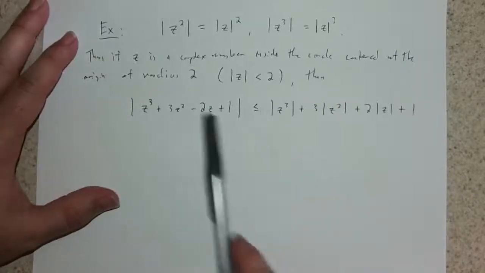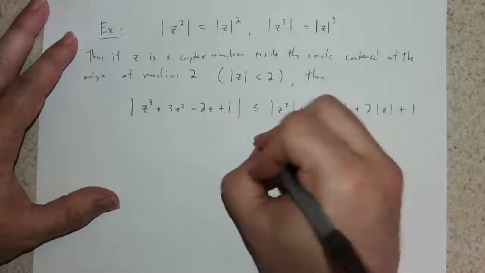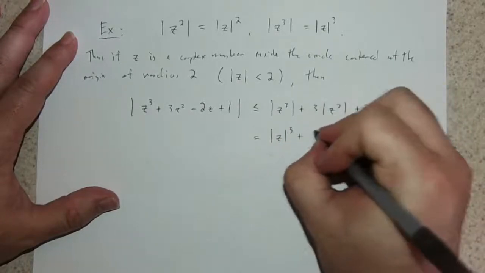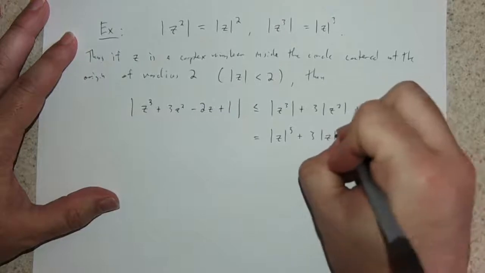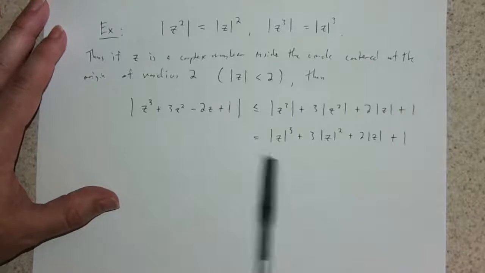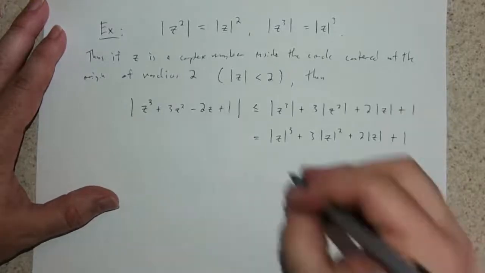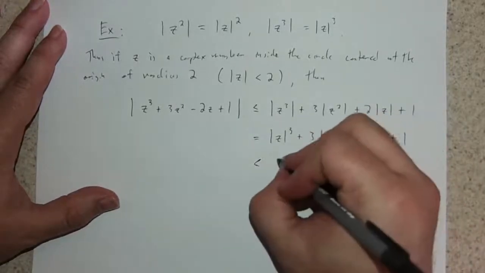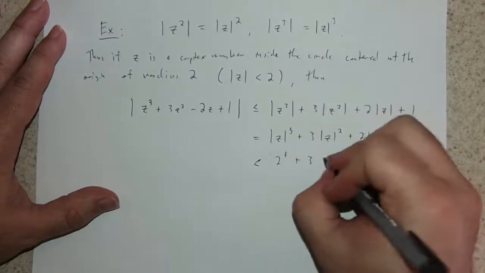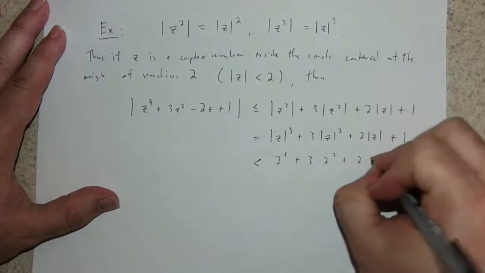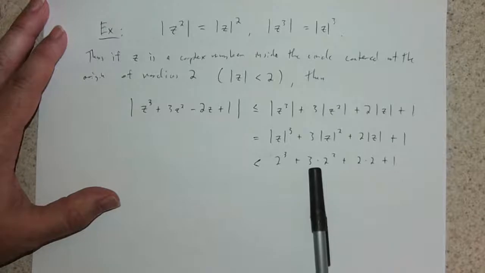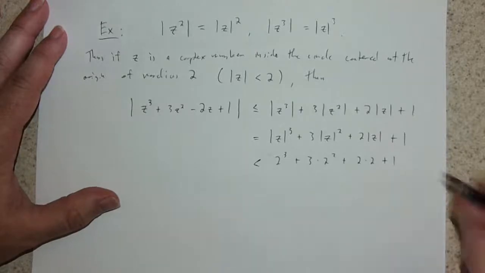Using this previous fact here, this of course is equal to mod z cubed plus 3 times mod z squared plus 2 times the modulus of z plus 1. Since the modulus of z is strictly less than 2, this is strictly less than 2 cubed plus 3 times 2 squared plus 2 times 2 plus 1. So that's 8 plus 12, that's 20, plus 5, so that's 25.